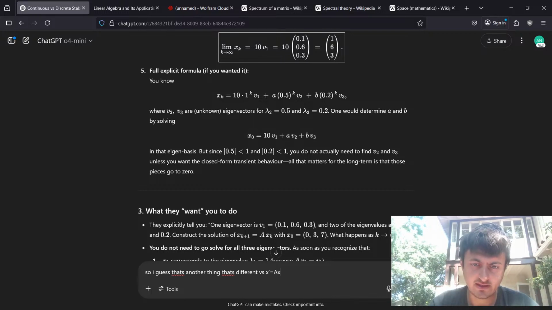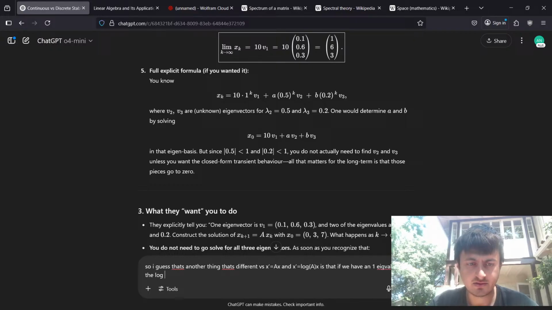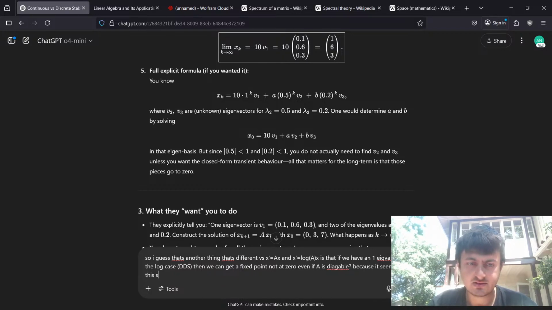The difference between x prime equal to Ax and the discrete case is that if we have one eigenvalue in the discrete case, then we can get a fixed point not at 0 if A is diagonal, because it seems like this system decays into a projection onto a point that is not 0.